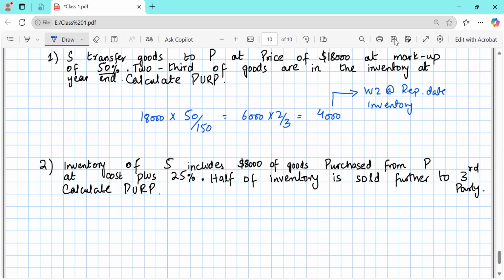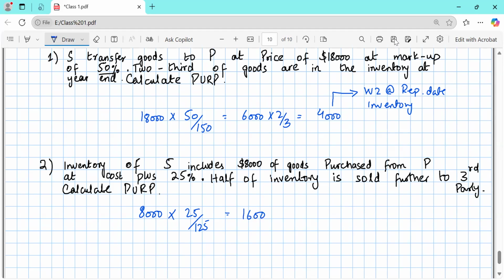So again, we have to calculate the profit first. 8,000 is the goods value, and it is cost plus 25%, which means it's a markup. So 25 divided by 125. So what will be the profit? 8,000, it's 1,600.